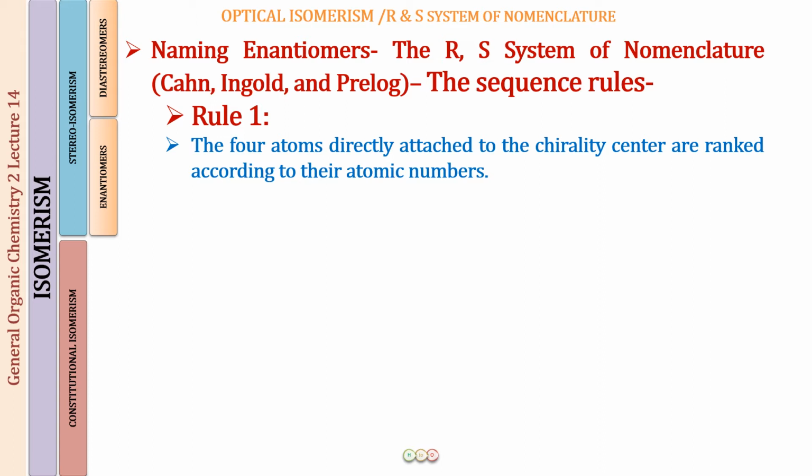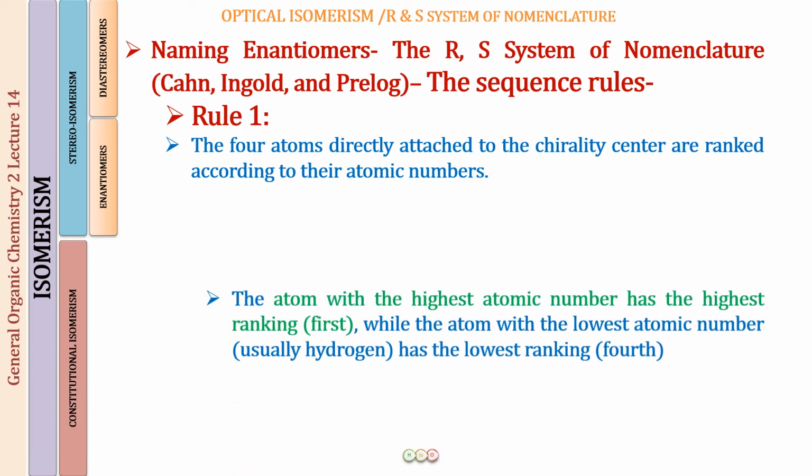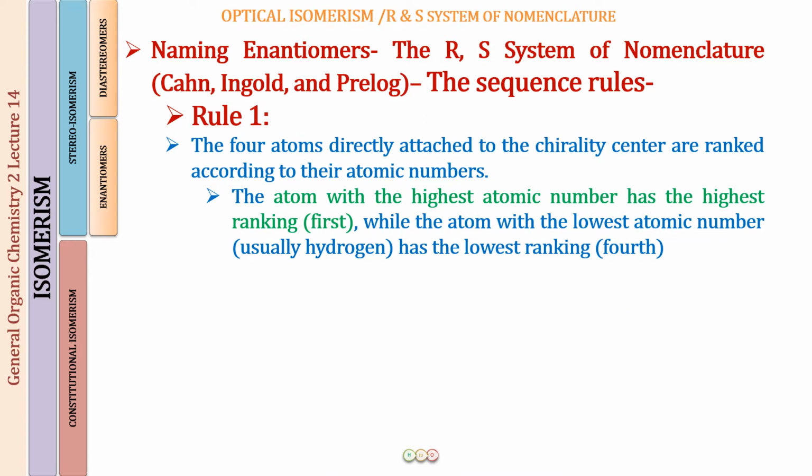And this ranking is going to be in accordance with their atomic numbers. The atom with the highest atomic number has the highest ranking, whereas the atom with the lowest atomic number will have the lowest ranking. And this is generally hydrogen, because hydrogen has the lowest atomic number, right?